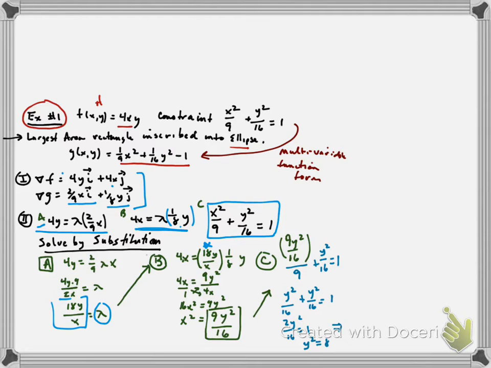After I do that substitution and simplify, I cross multiply and I get 16x squared is equal to 9y squared, and then divide by 16 and I get this expression right here. So now I'm going to take this and substitute it into the constraint. So I put 9y squared over 16, this right here, in place of the x squared over 9 plus the y squared equals 1. I solve this for y squared and I get y squared is equal to 8.